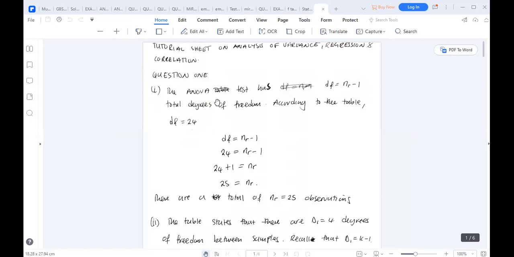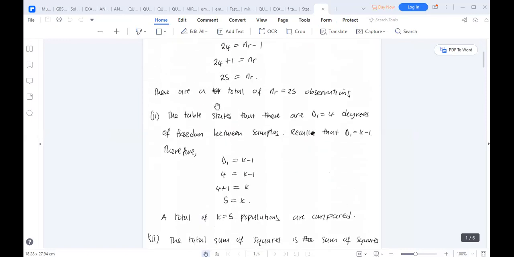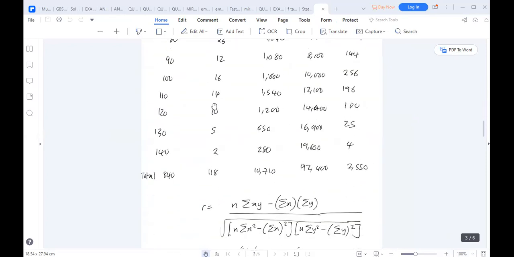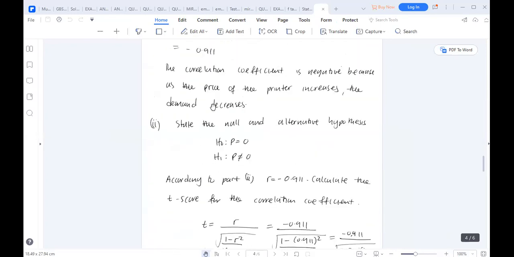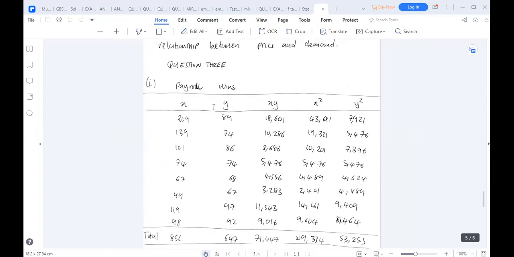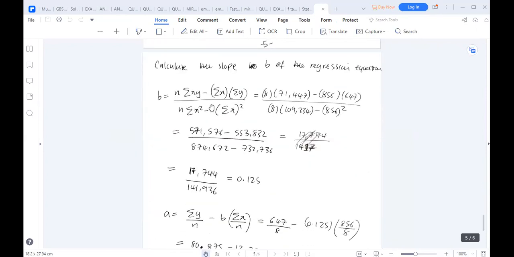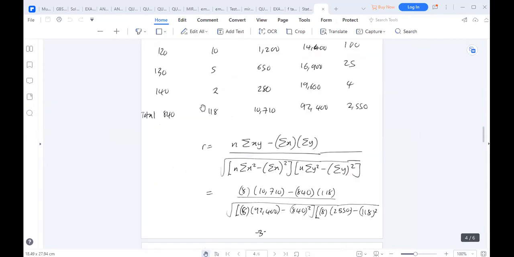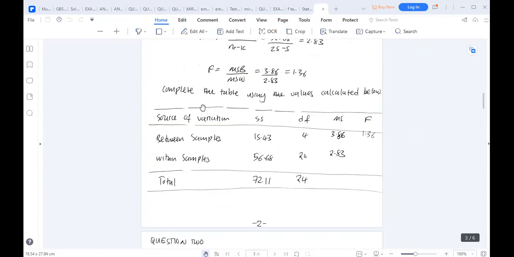Mr. Collins, on the H1 for ANOVA, instead of saying M1 is not equal to M2 is not equal to M3, you can just say at least one is different. Yes, at least one.